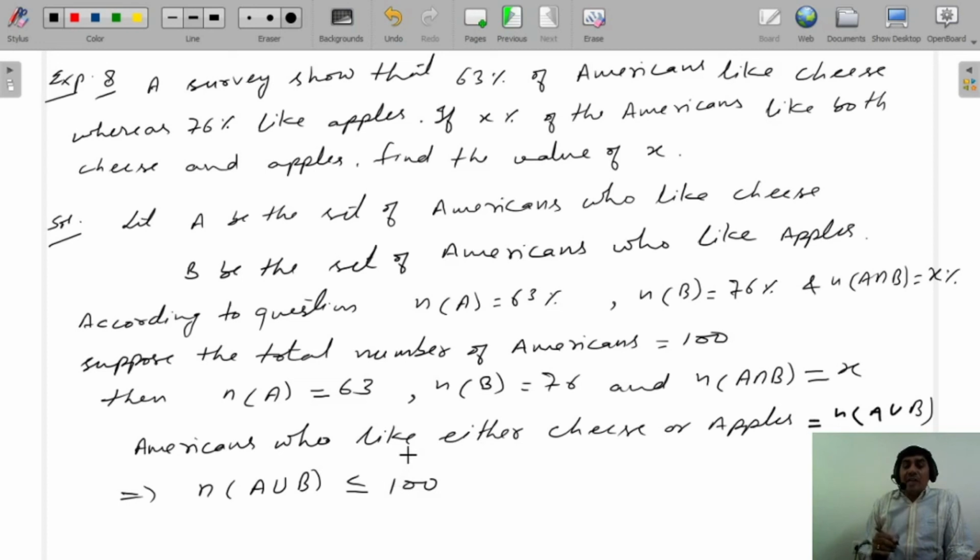So the Americans who like either cheese or apple cannot exceed 100.